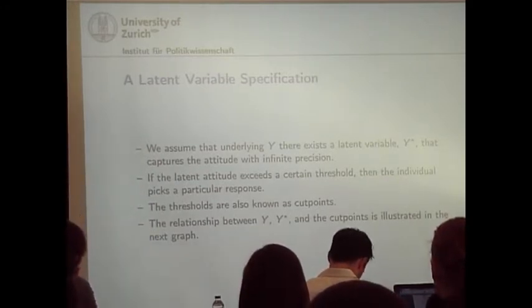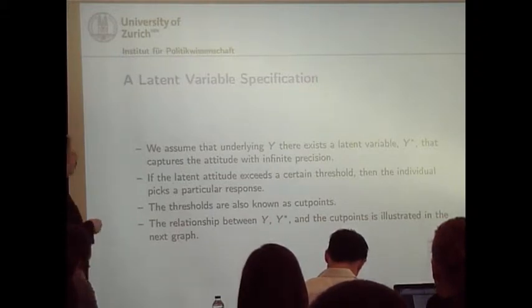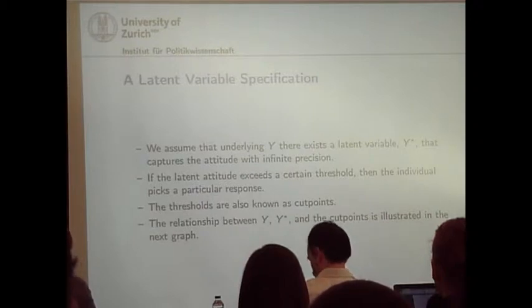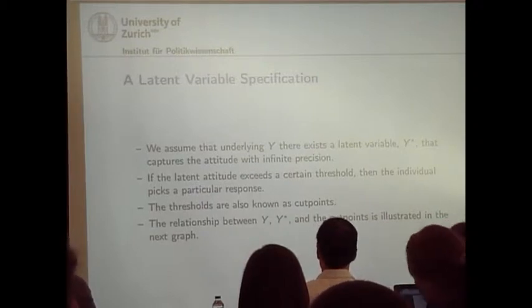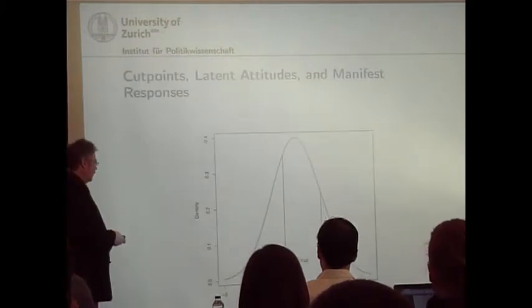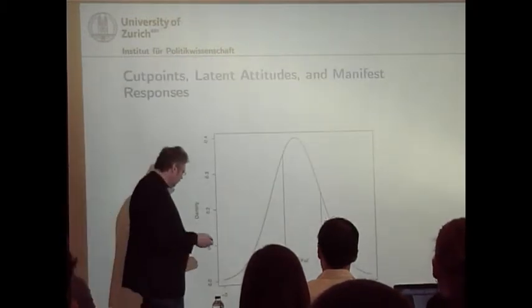And then we say, if the latent attitude exceeds a certain threshold, then the individual picks a particular response. Thresholds are also known as cut points, and the relationship between y, y star, and the cut points we can indicate in the following graph.